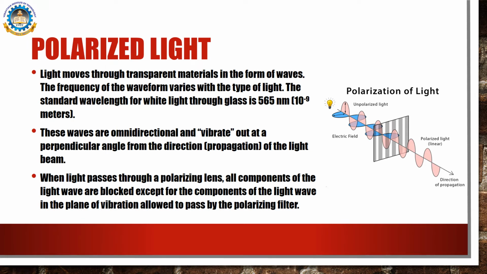These waves are omnidirectional and vibrate at a perpendicular angle to the direction of the light beam. When light passes through a polarized lens, all components of the light wave are blocked except for the component in the plane of vibration allowed to pass by the polarization filter.